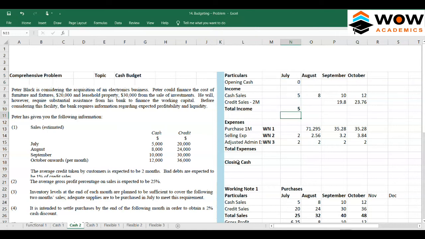Find out the total expense, which would be the sum of all these. And the closing cash would be total income minus total expense. Okay. So we have 1. So this 1 will be pulled here.